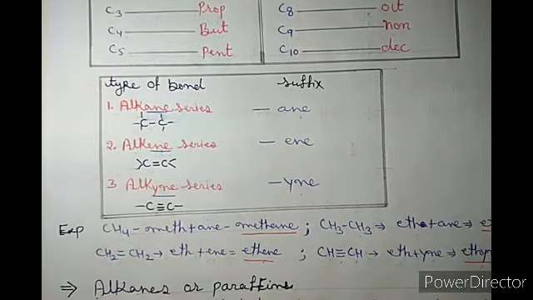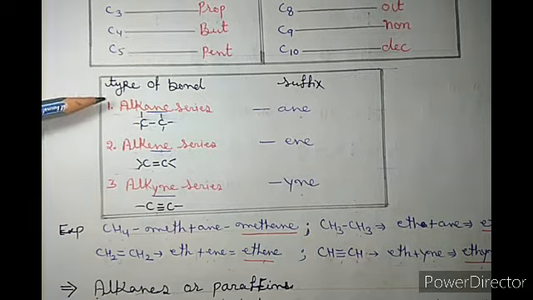Okay, second is the second table, which shows the suffix based on the type of bond. As you know, there are three types of bond between carbon atoms: maybe single bond, maybe double bond, maybe triple bond.